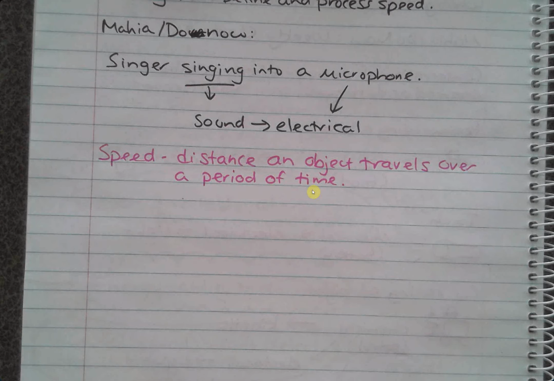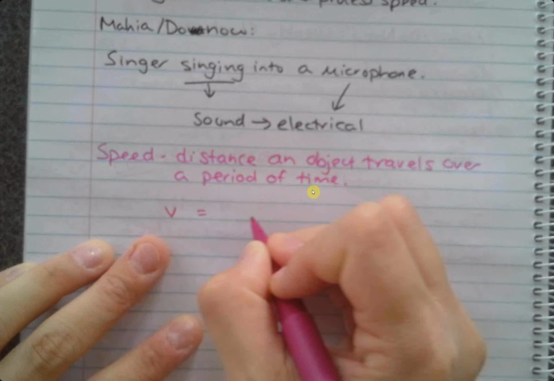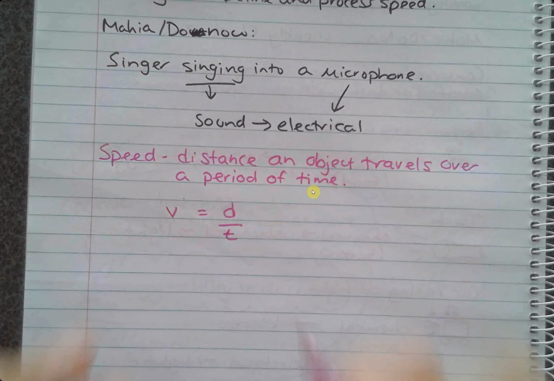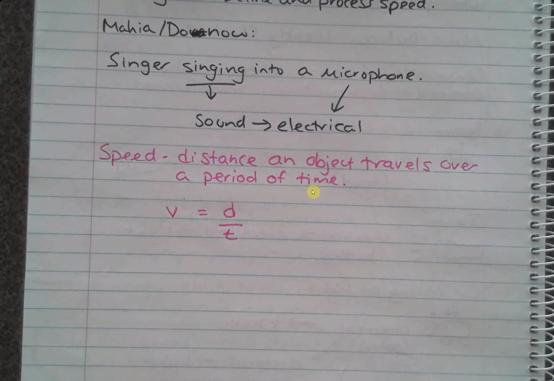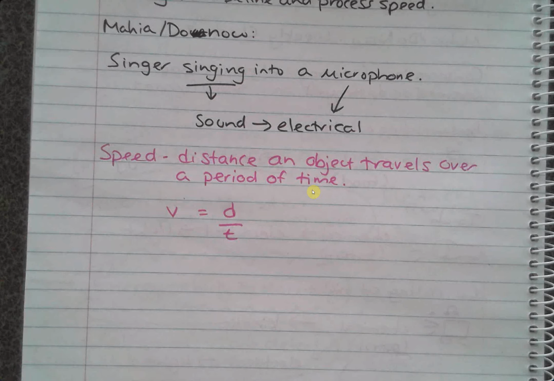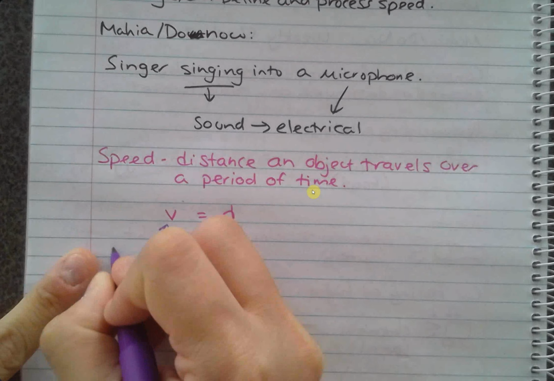So, when it comes to speed, if I want to calculate it, I use the equation V equals D divided by T. Let me explain what each bit of that equation means. So the first thing about that equation, that V is referring to something that we call velocity.